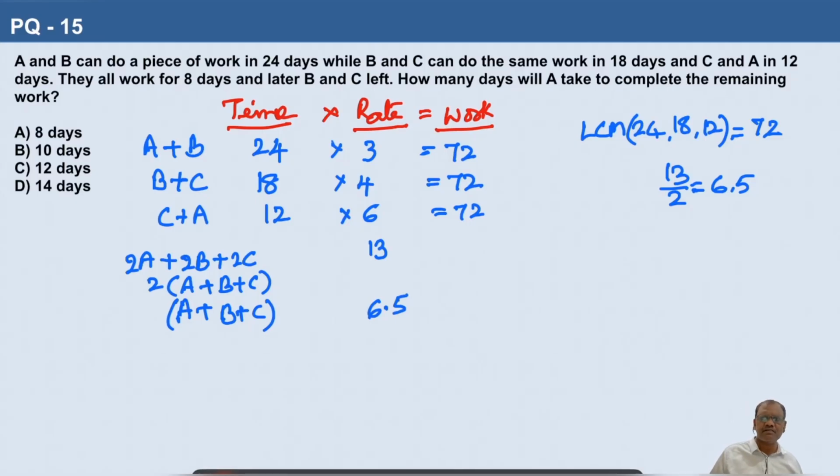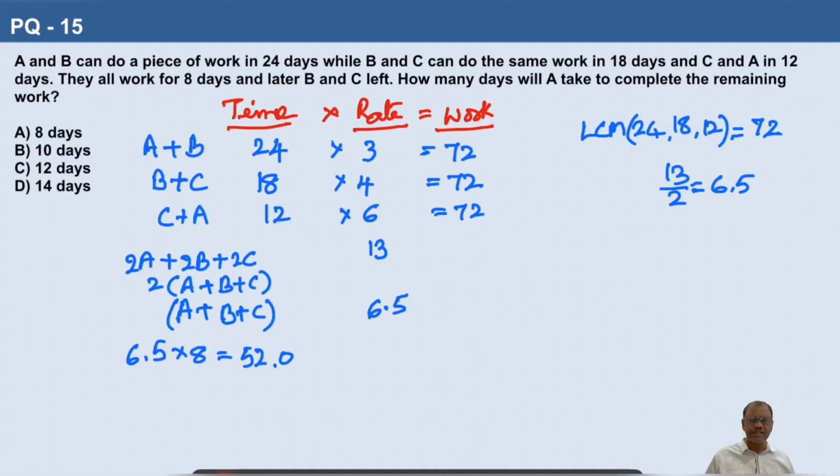So in the question, they all work for 8 days. That means 6.5 into 8. 8 fives are 40. 4 carry. 8 sixes are 48 plus 4, 52.